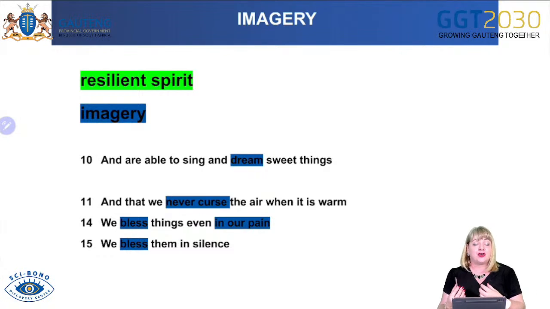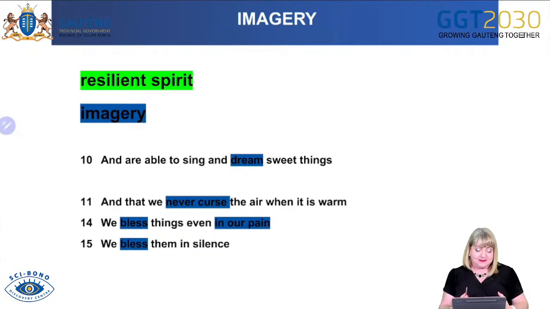So these contrasts, even though the people are in pain, they will rather bless the world around them than curse. And that shows a very strong spirit, because it really is in your spirit itself and within the spiritual realm that blessings and curses become real and become tangible things.